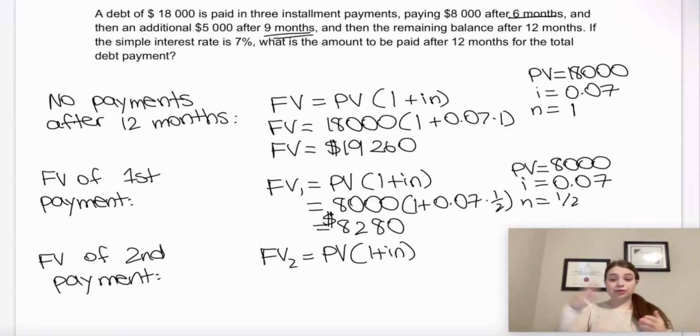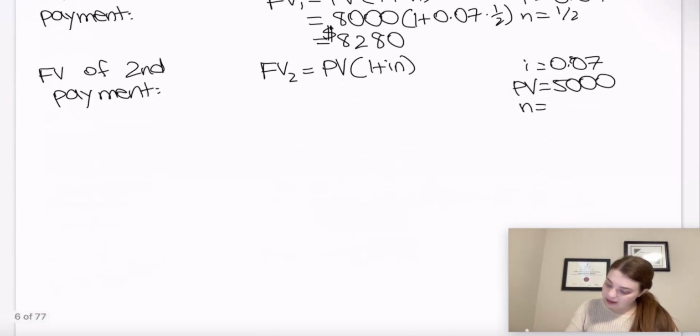So that means we're only 3 months from the finish line. So in terms of how long it takes where interest doesn't accrue, where we're going against the interest of the other one, is only for 3 months because there are only 3 months between the 9-month mark and the 12-month mark. Now, 3 months out of the year is 1/4 of the year. So N is going to be 1/4 for that reason.